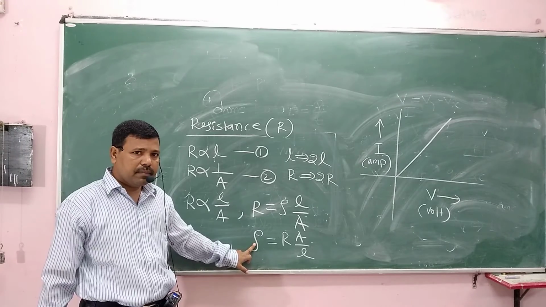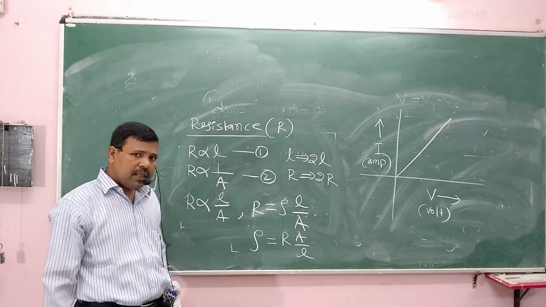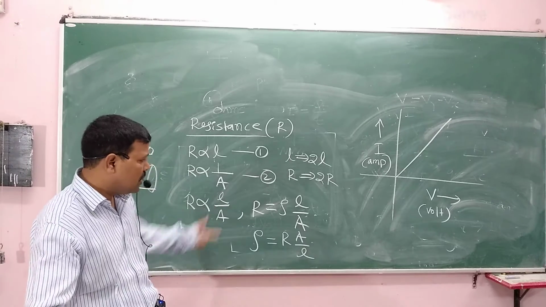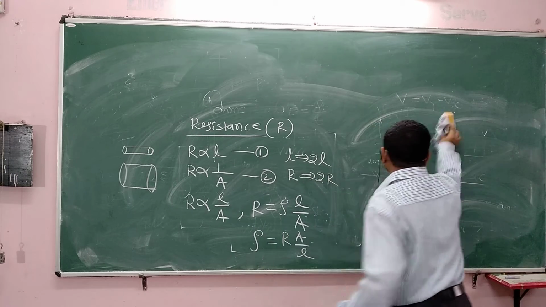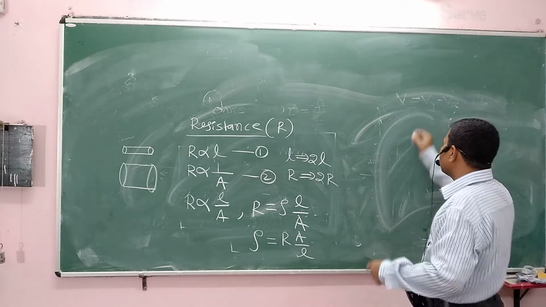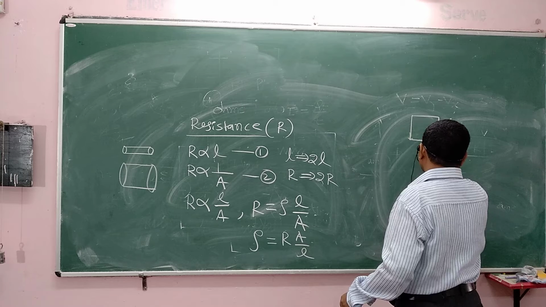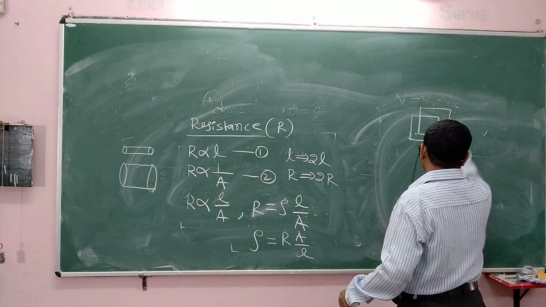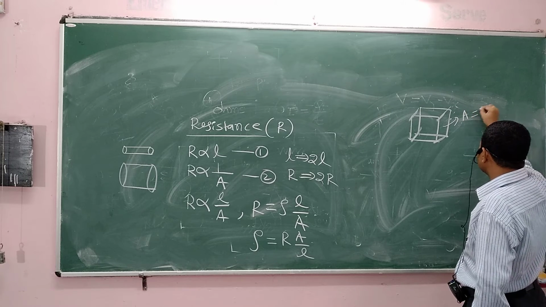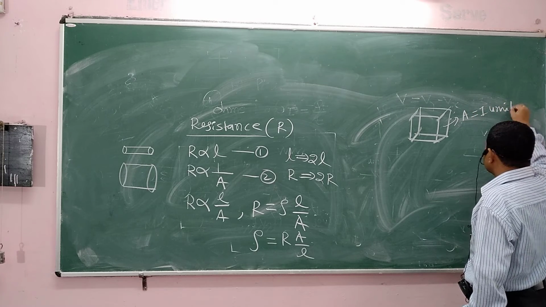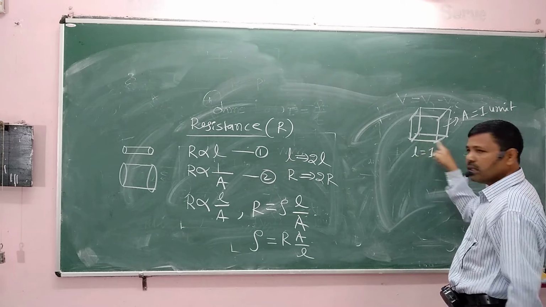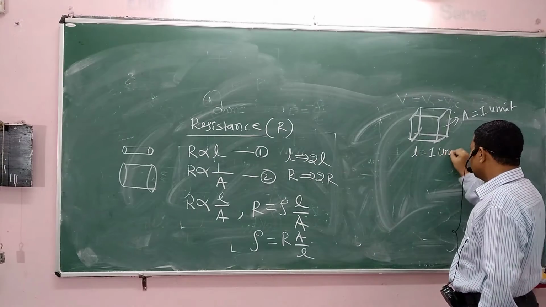What is this resistivity? Resistivity is the resistance of the material when the material has unit dimensions. Let us see here. Suppose you have a cube whose cross-sectional area is 1 unit, say 1 millimeter square, whose length is 1 millimeter, 1 unit.